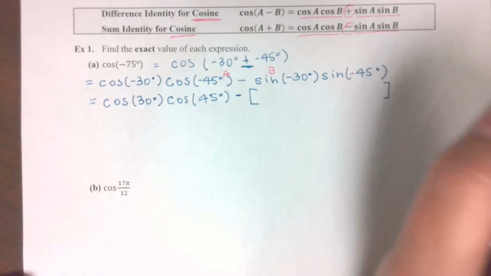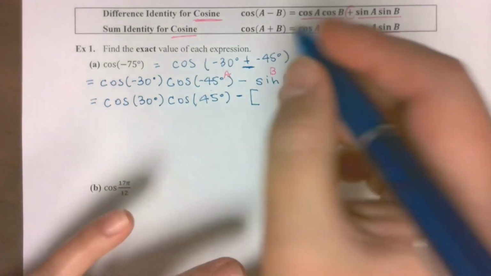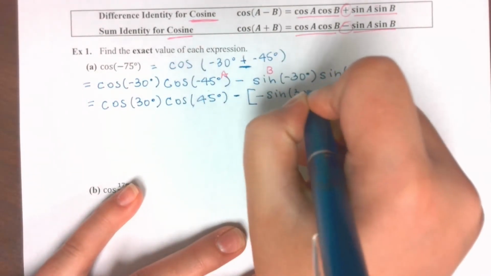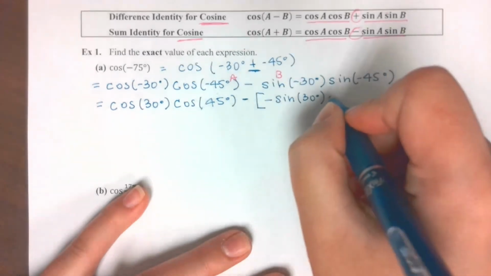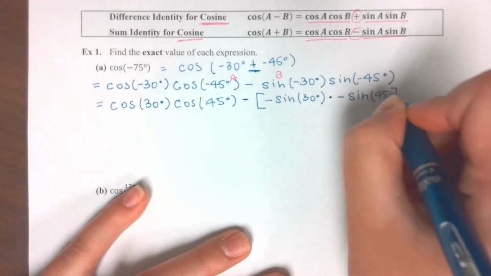Sine is an odd function, so sine of negative 30 degrees is the same as negative sine of 30 degrees. So that would be negative sine of 30 degrees times negative sine of 45 degrees.